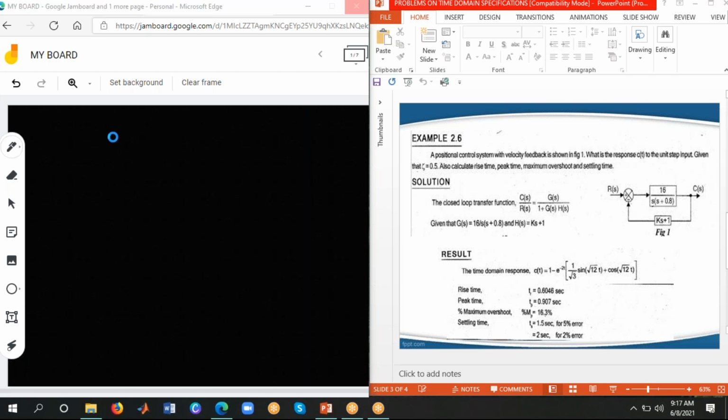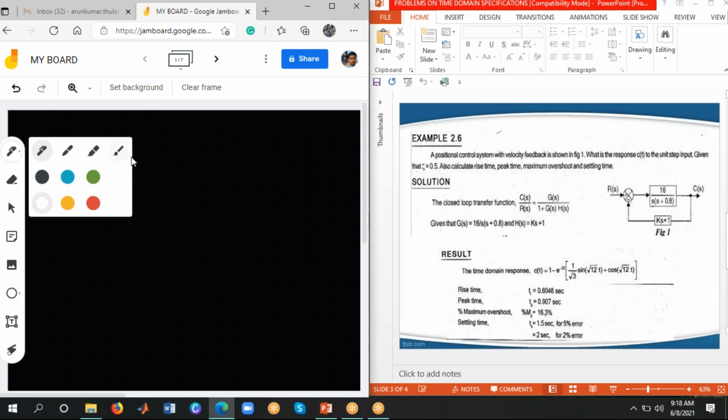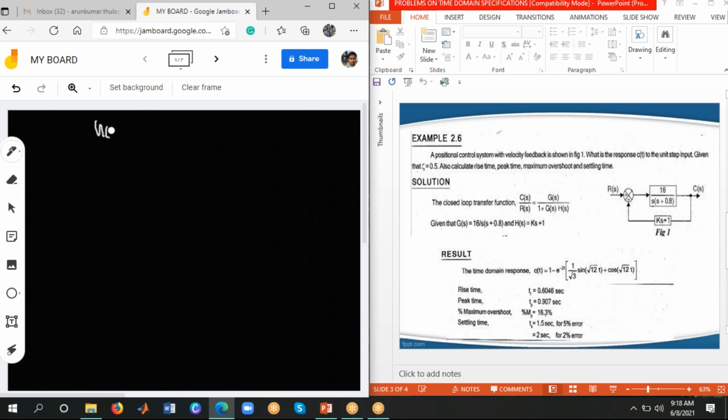So first of all, I'm going to write the given parameters. Here G of s is 16 divided by s into s plus 0.8.